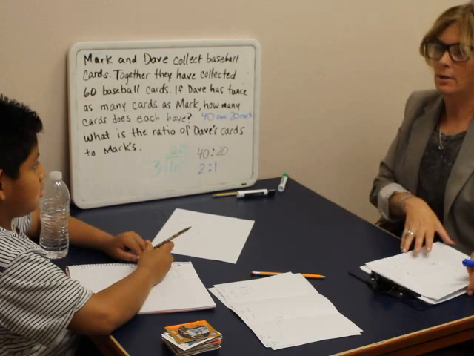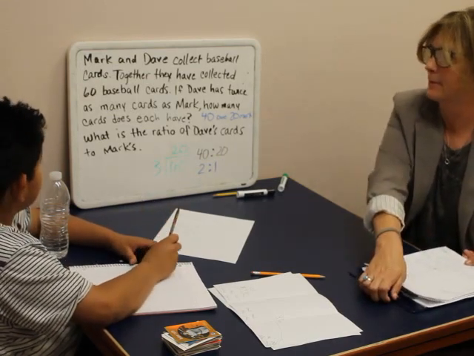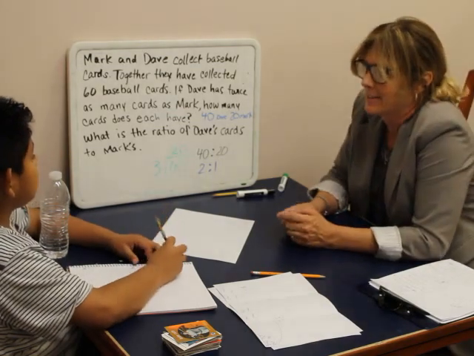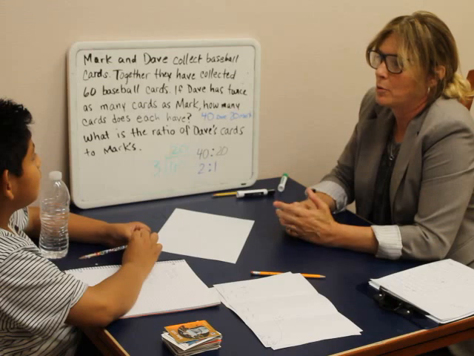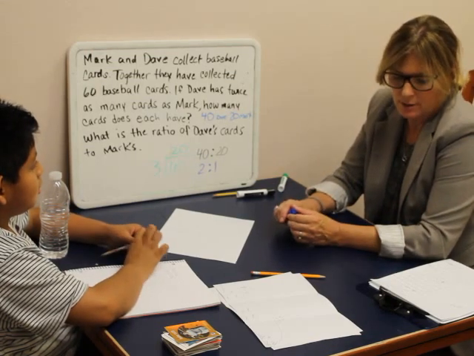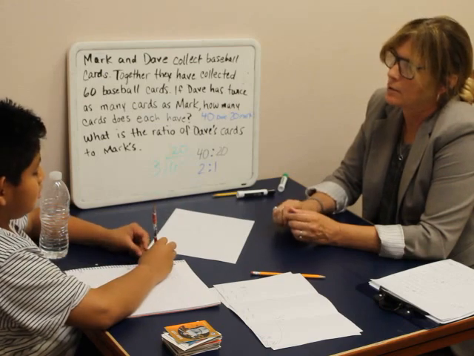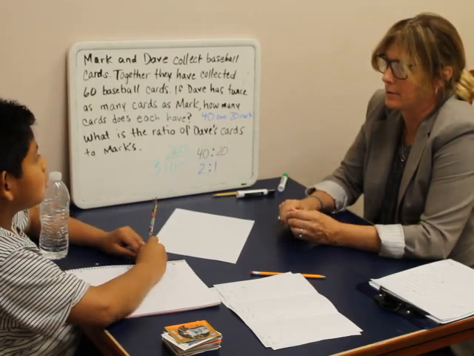Can you tell me the definition of a ratio now after we've just done that? The ratio is between the first number and the second number? Between the first number and the second number, so we can say that it's an expression that explains the quantity. That's what a ratio is. Okay.